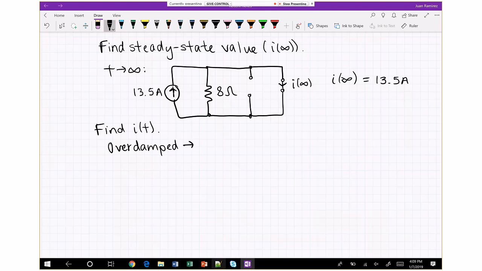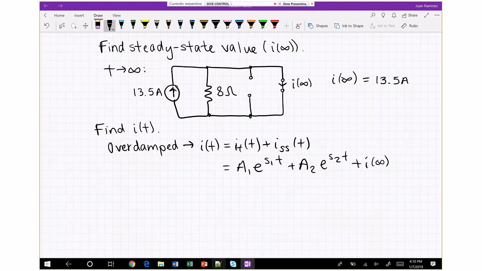And because it was overdamped, the transient will follow that response, which is A1 e to the S1t plus A2 e to the S2t, and then you have to add the final value of the inductor.